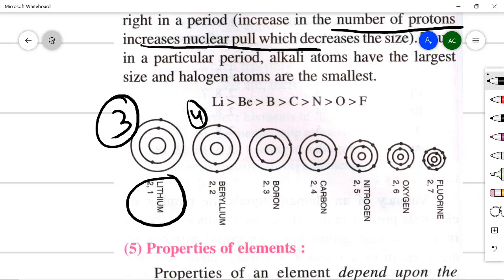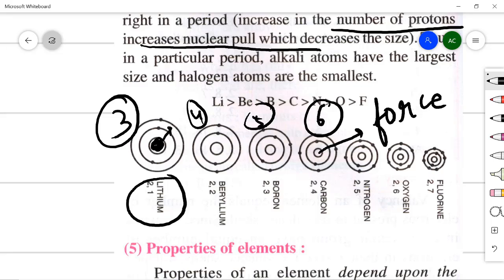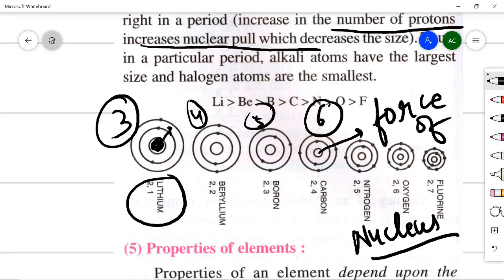Here it is 4, so 4 protons, here 5 protons, here 6 protons. So the number of protons is increasing, and the protons are situated here in the nucleus, so they will attract electrons. Because the nuclear charge is increasing, you can understand it like this: the force of the nucleus is increasing. So when the force of the nucleus is increasing, it attracts the outermost shell's electrons with greater power, and thus the size shrinks. This is the reason why in a period, moving from left to right, the atomic size decreases.